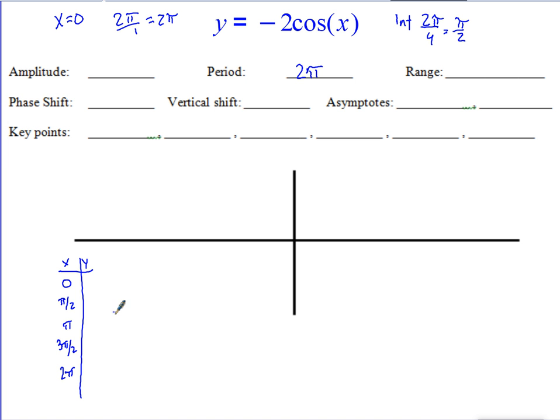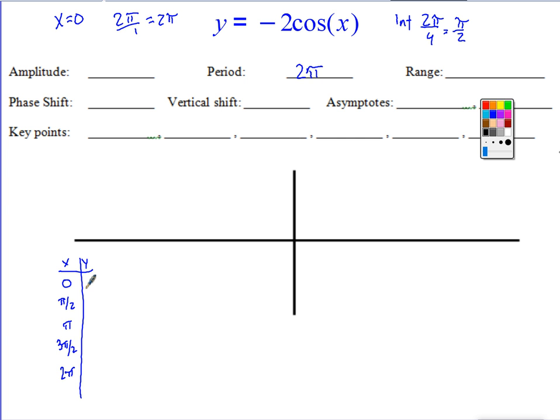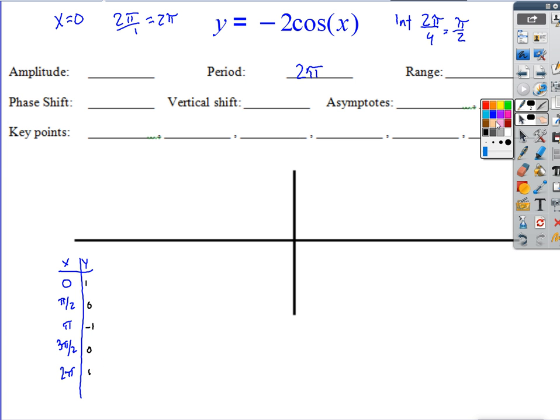Now the y values. Here's the parent function, which I'm going to write in black: for cosine, 1, 0, negative 1, 0, positive 1. In this equation, we do have a number for a. We have negative 2.